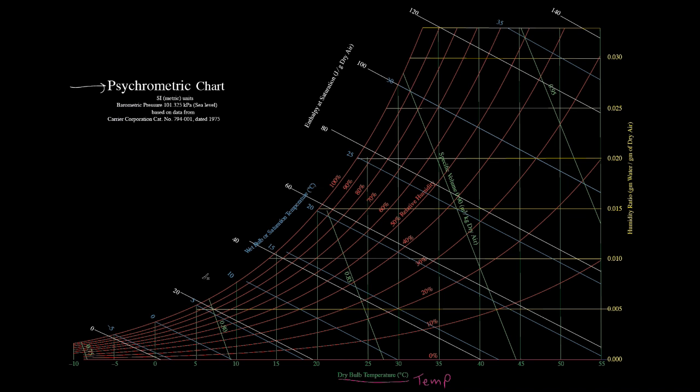On this curved axis, we have the wet bulb temperature, and this is a temperature that was used back before instrumentation was as good as it is now. And effectively, what would be done is a thermometer would be wrapped with a wet rag and spun over the head.